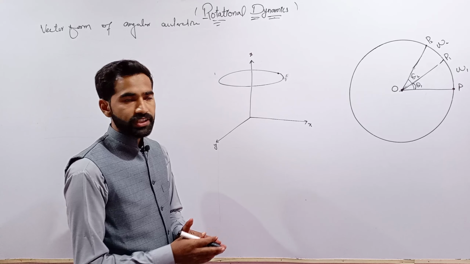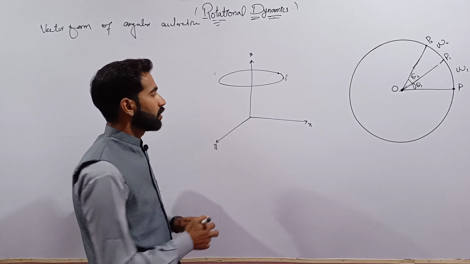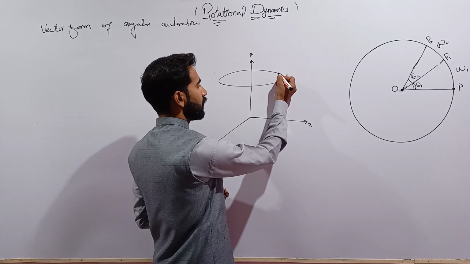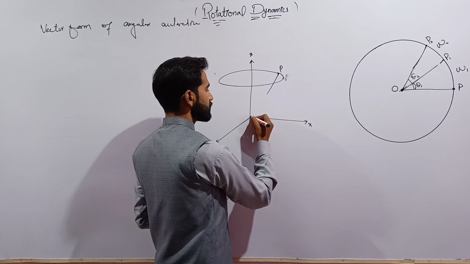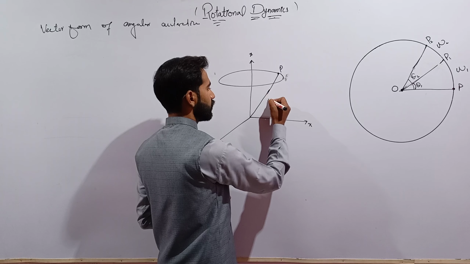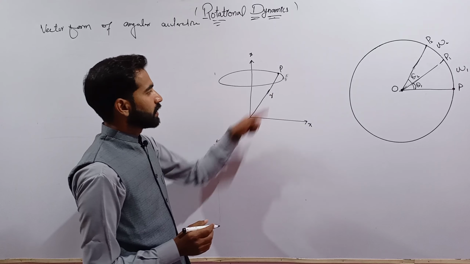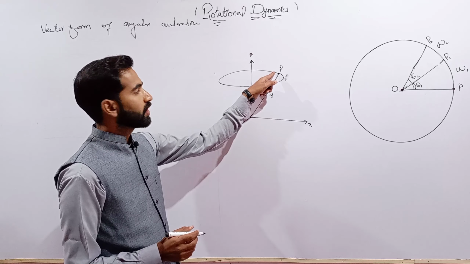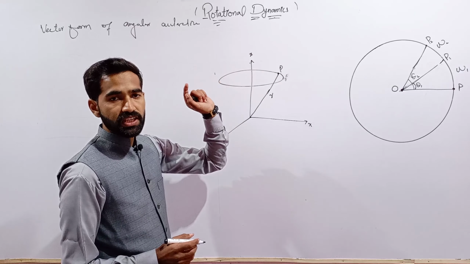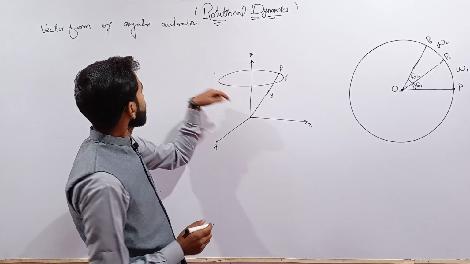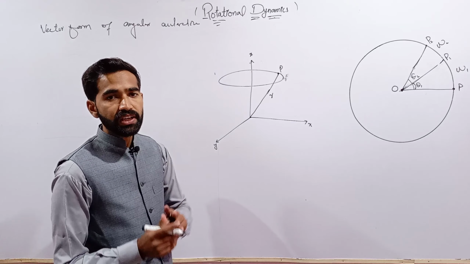Consider a three-dimensional case in which a point P is located at a distance r from the origin, and point P is rotating about the z-axis. The direction of angular acceleration is along the z-axis, but there are two cases.